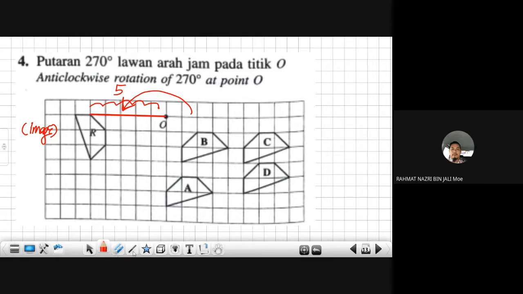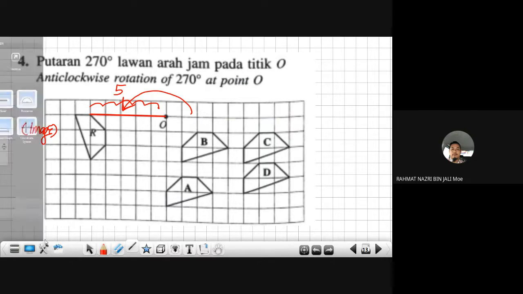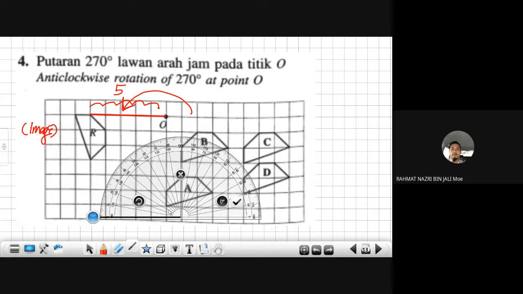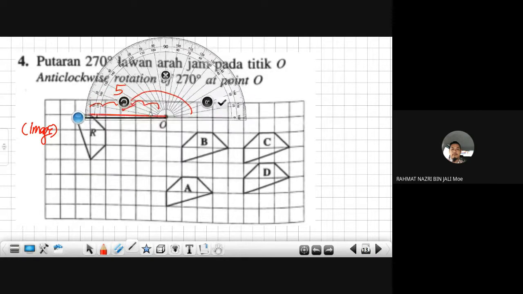Okay, so let's say this is 5. We're gonna 1, 2, 3, 4, and 5. Okay, so we try to do like this. We try to rotate. Let me take the protractor.